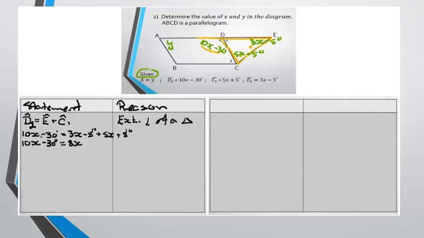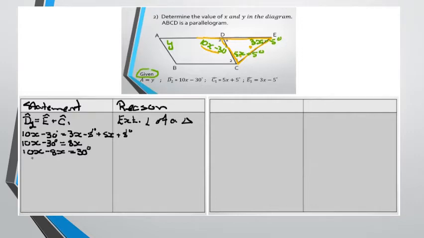So I'm going to bring the 8x to the left hand side. It's going to turn into 10x minus 8x. And I'm going to bring the 30 degrees to the right hand side. It's going to turn into plus 30 degrees.